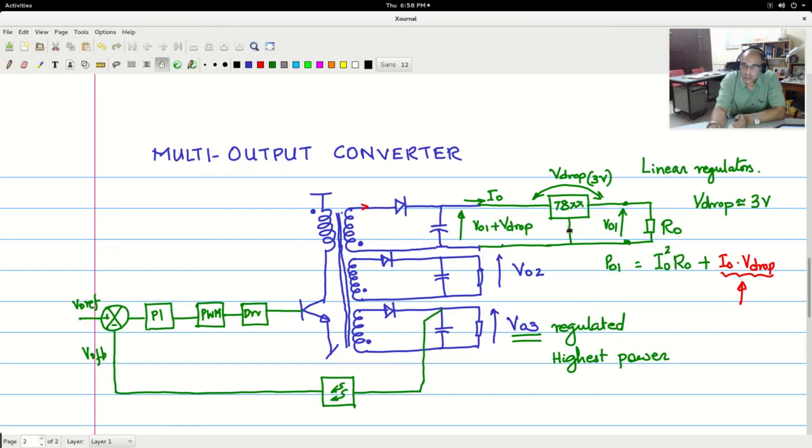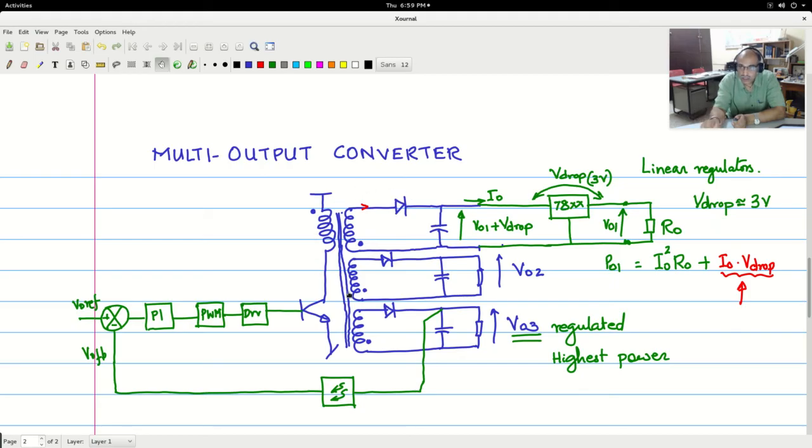So with the regulator, what will change is only the V0 requirement and the output power requirement for the regulator, and other portions of the design will still remain the same. You can still use the Octave M file, design file, to do the design of multi-output regulators.